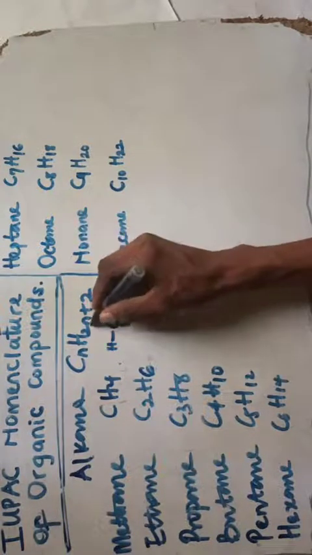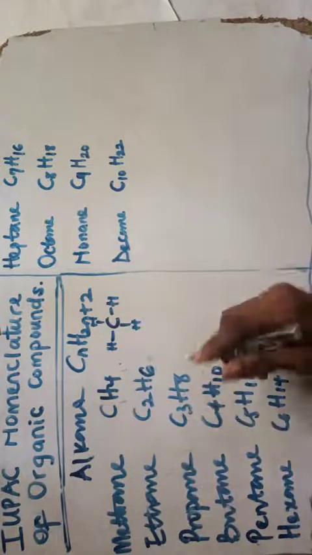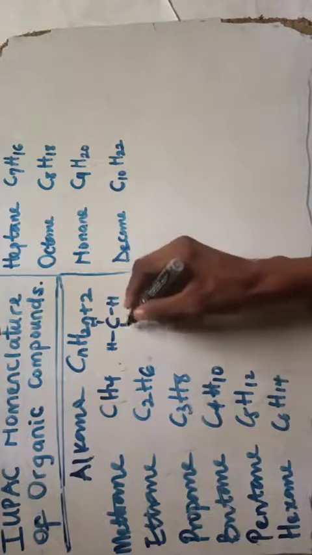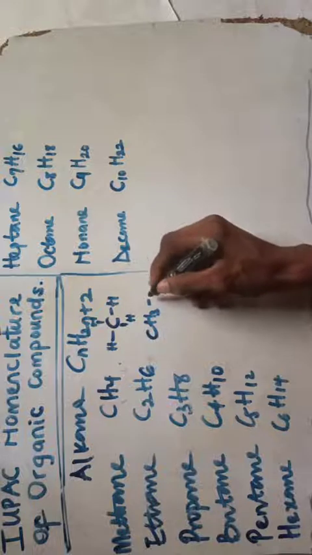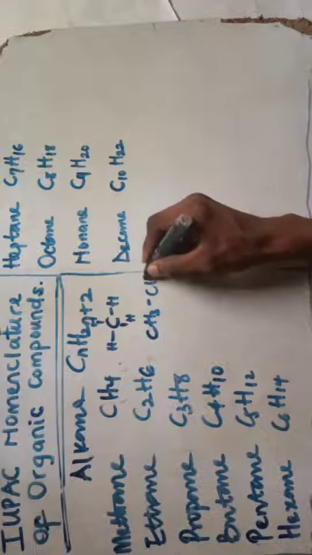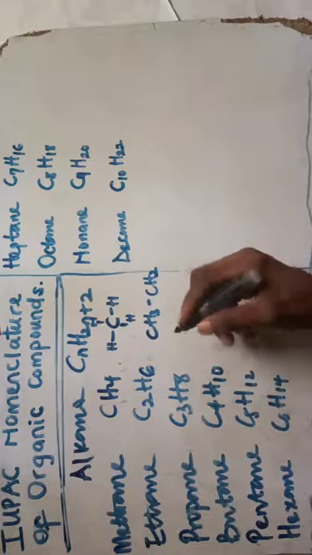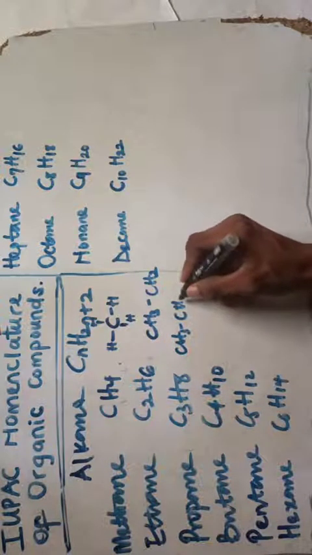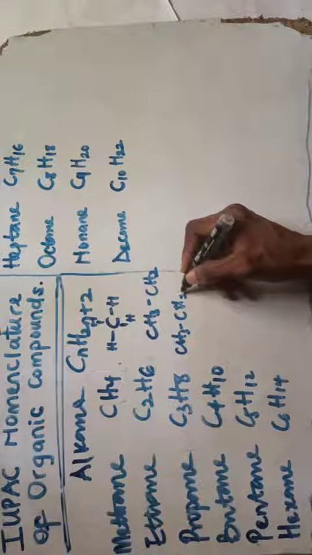It's very important that it is surrounded by 4 hydrogens, because that is the valence of carbon. Now for ethane, the next thing is that ethane will be covered with CH3, and attached to it is CH2. You see, CH2 is common. So the next one will be CH3, CH2, and what do you have next? That will be CH3.